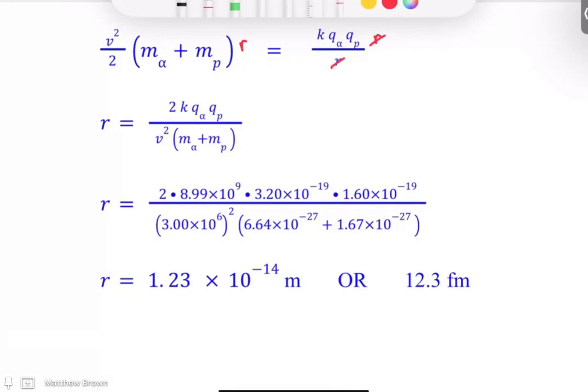Put in all those numbers and presumably punch it into a calculator, or take 10 minutes to work it out by hand, whichever you prefer, and you get R equals 1.23 times 10 to the negative 14 meters, or 12.3 femtometers, a femtometer being 10 to the minus 15 meters, if you prefer. So very, very close.